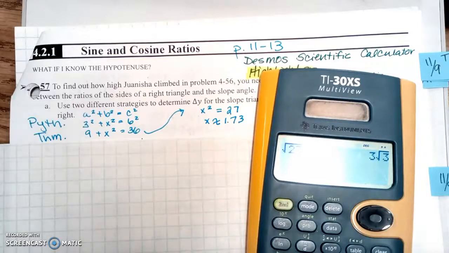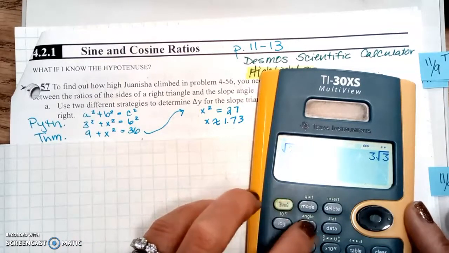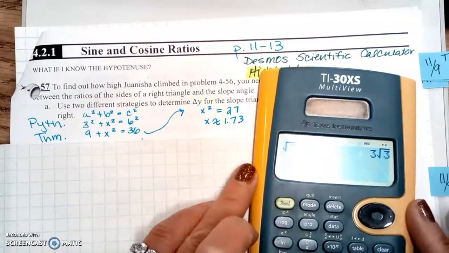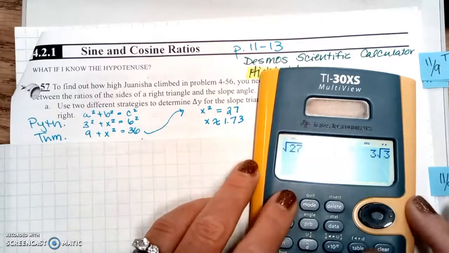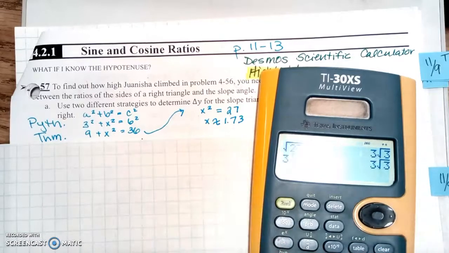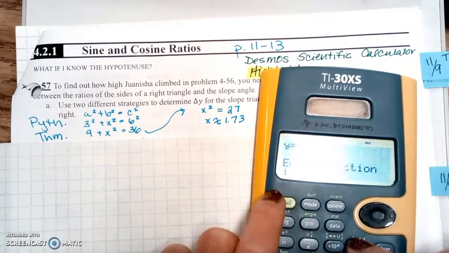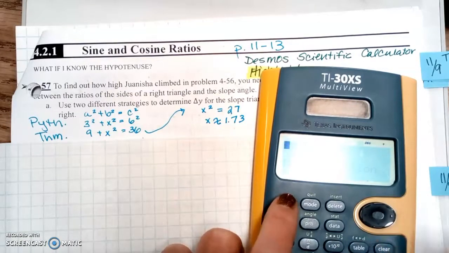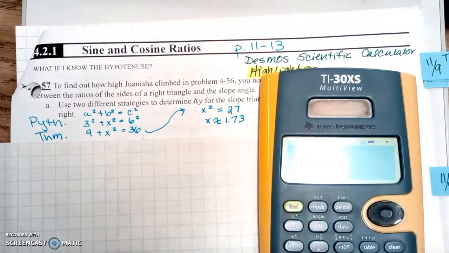Let me switch this calculator to a decimal. Okay. As a decimal, it's 1.73.